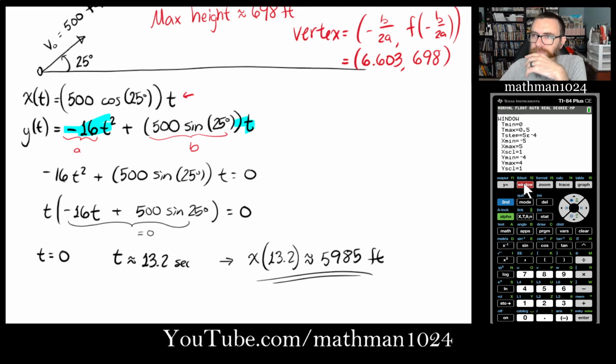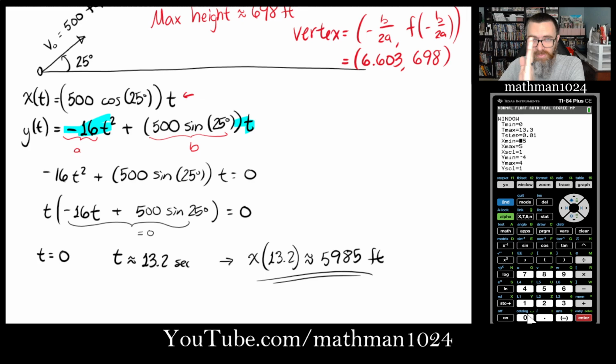So for the window, the maximum time that we have says 13.2 seconds, so let's just make that 13.3 to get as much on there as we can. The t step, let's say 0.01, see if it'll hold that.